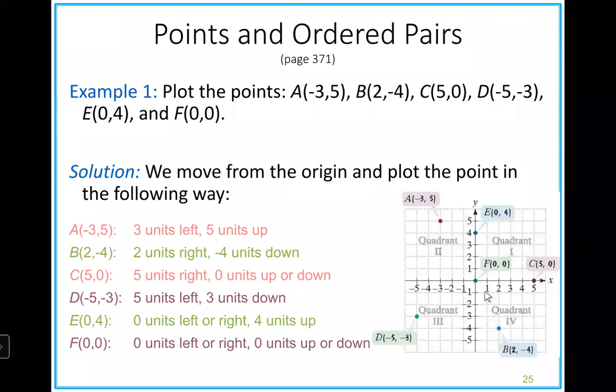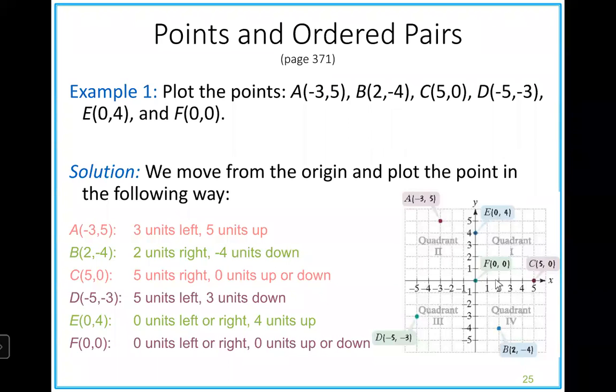So we have a few more points here to plot. In this first one, it says -3, 5. So we go to -3 and we move up 5, and we call that point A. So it's labeled A. That's point A, -3, 5. The next one was B, which is 2, -4.